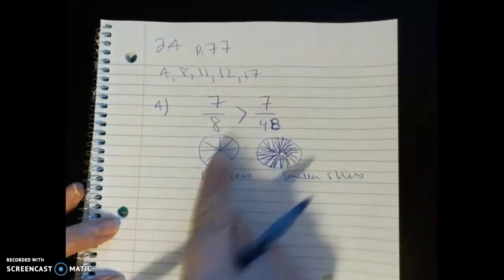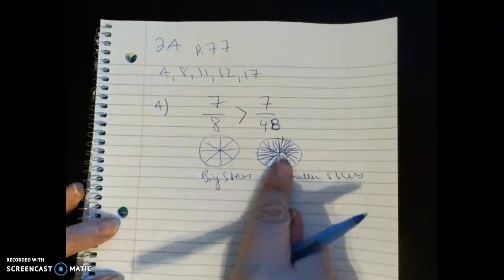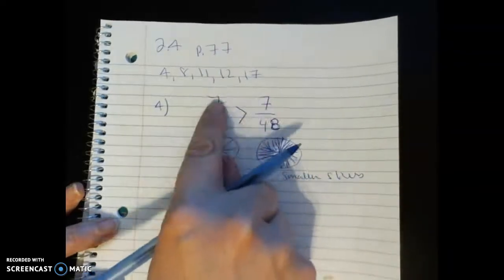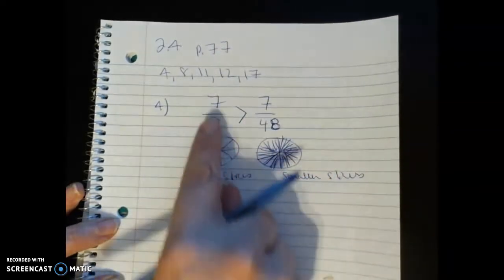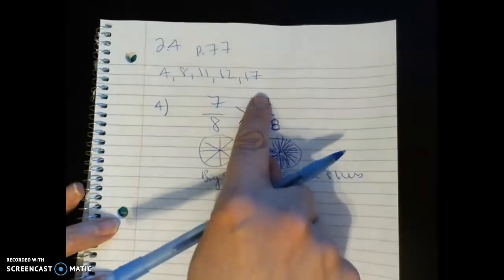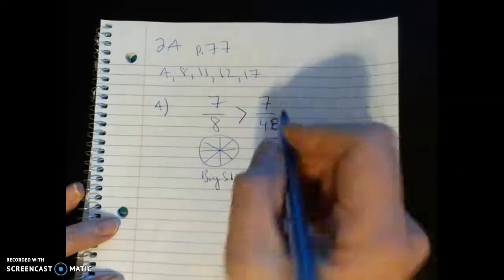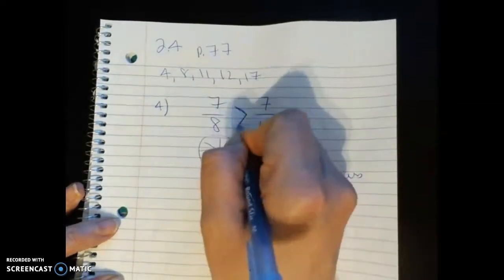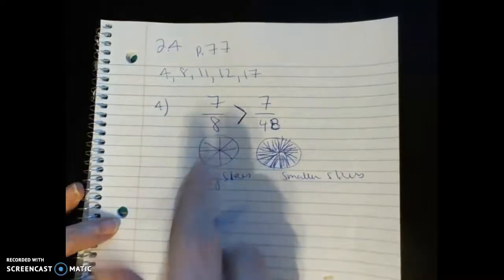So here I have a bigger unit. Here I have a littler unit. But I have the same number of pieces. So having the same number of large pieces as the same number of tiny pieces, obviously having the bigger slices is going to be more.